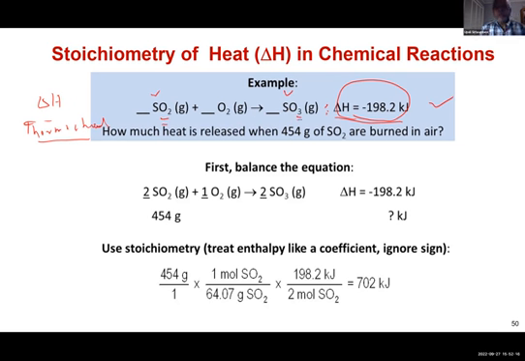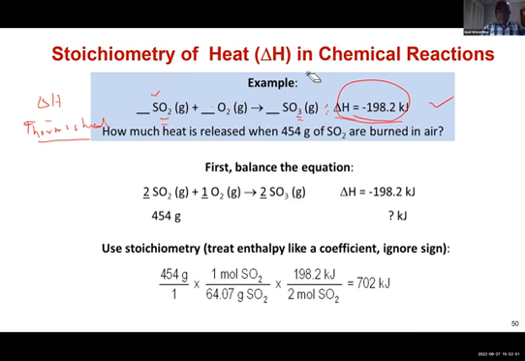To balance that, this is tricky, you start with the oxygen. You put a 3 here, 2 here.